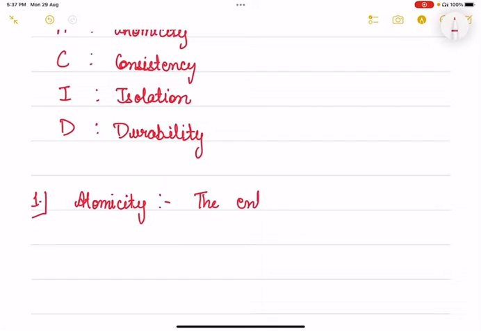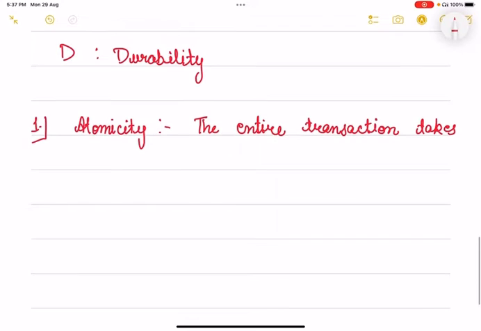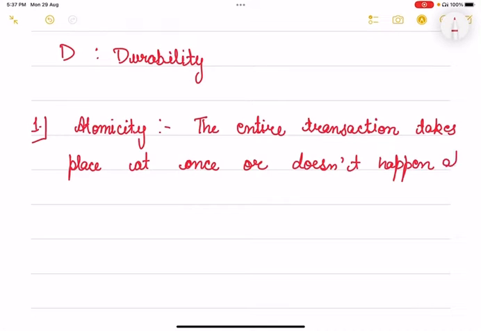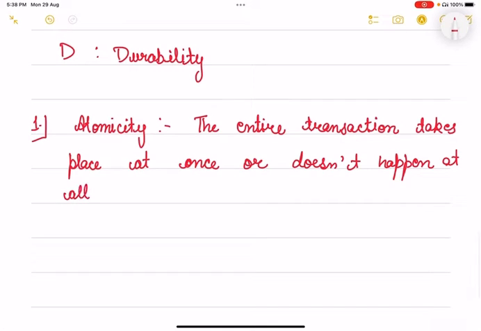The entire transaction takes place at once or doesn't happen at all, right?